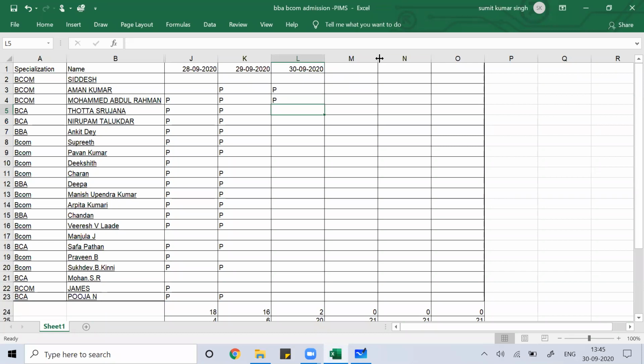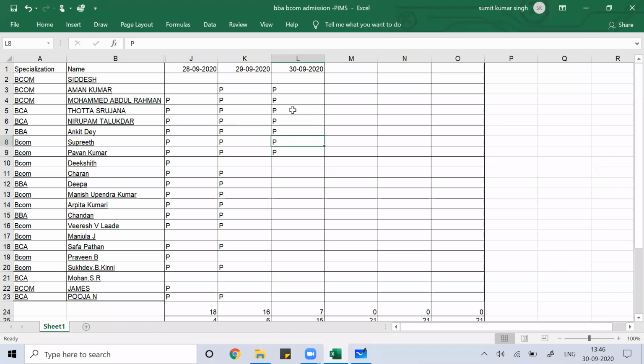Sujan is there. Nirupam is there. Ankit is there. Supreet is there.